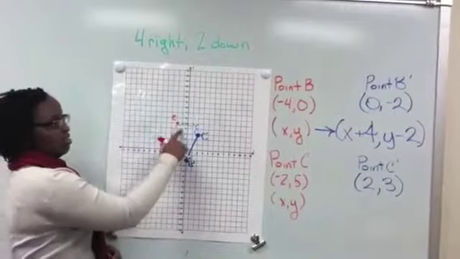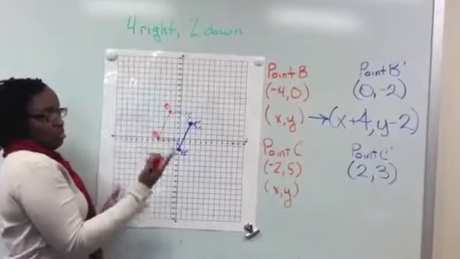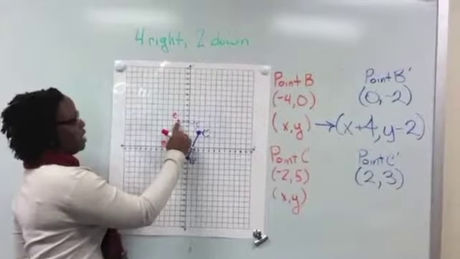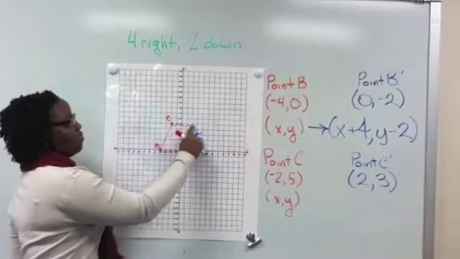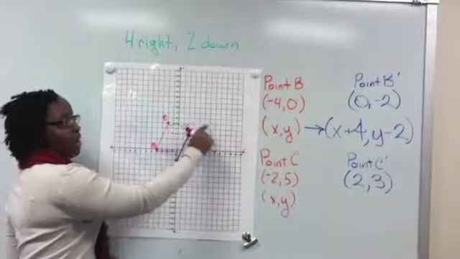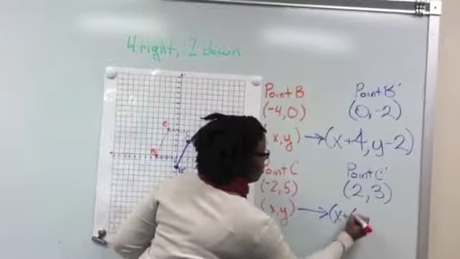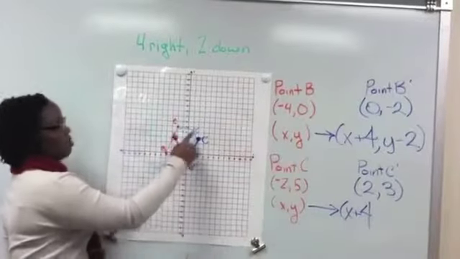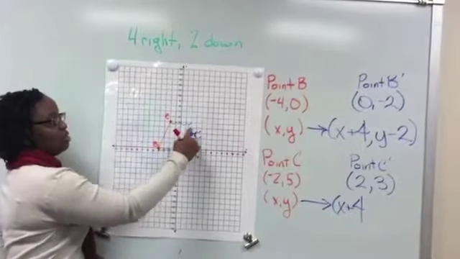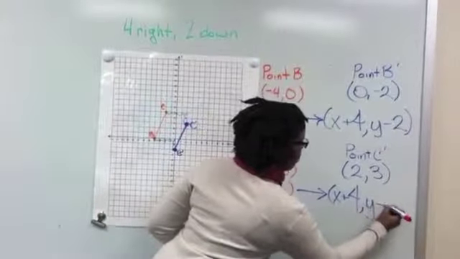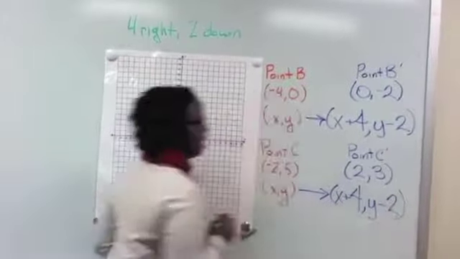Let's look at the arrow notation for point C and see if it's the same or different. The x-coordinate went 4 to the right, 4 in the positive direction, so that's x plus 4. And my y-coordinate went down 2, which is 2 in the negative direction, or y minus 2.